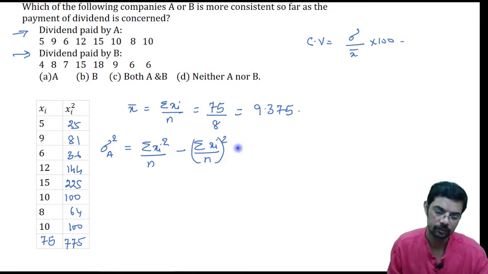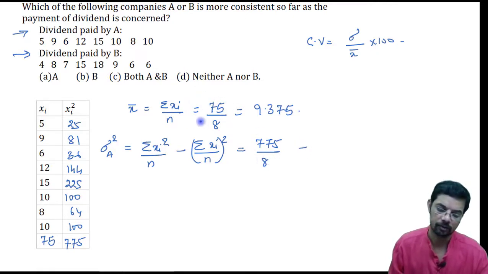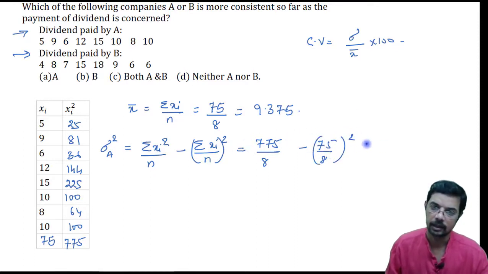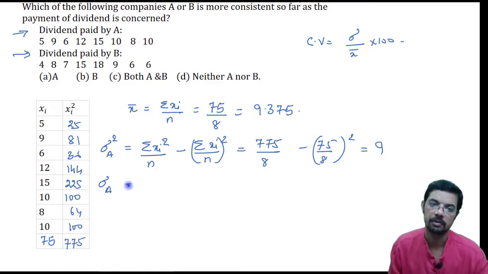So this will be 775, the sum of squares, divided by n, where n is equal to 8, minus 75 by 8 the whole square. When you calculate this, what we have here is 9. So the standard deviation of company A will be equal to 3.